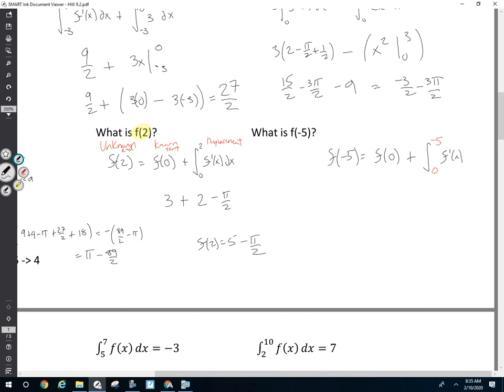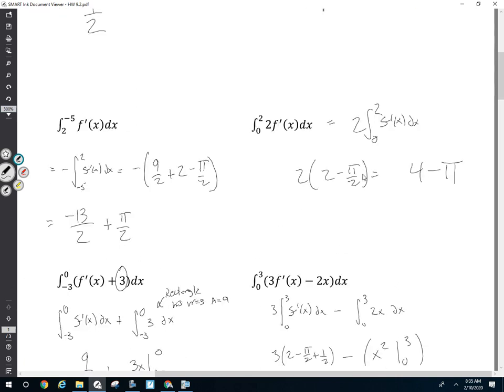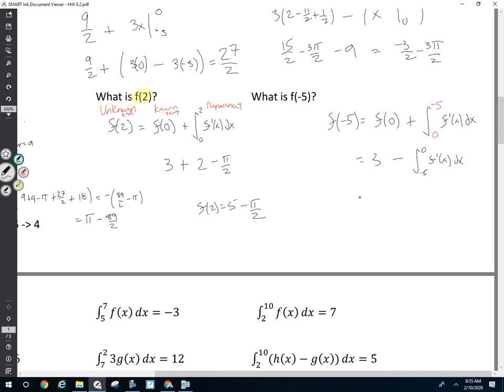So that's going to be the opposite of negative 5 to 0. So I get 3 minus integral from negative 5 to 0. That might be easier to do rather than plus. From negative 5 to 0, we found that was 9 halves. 3 minus 9 halves. Negative 3 halves.